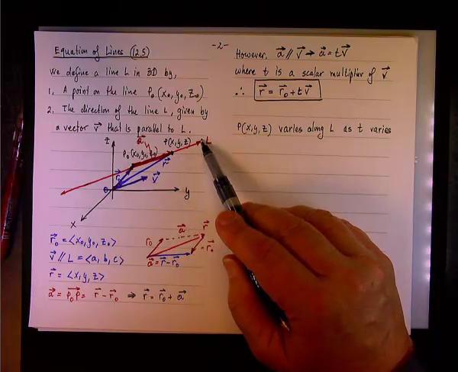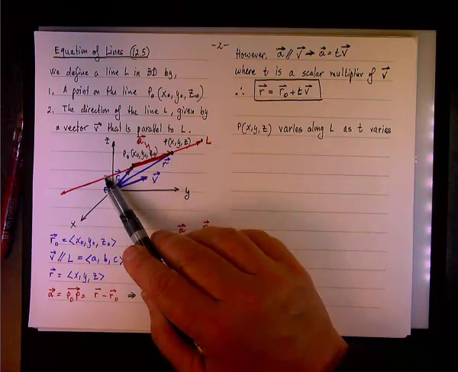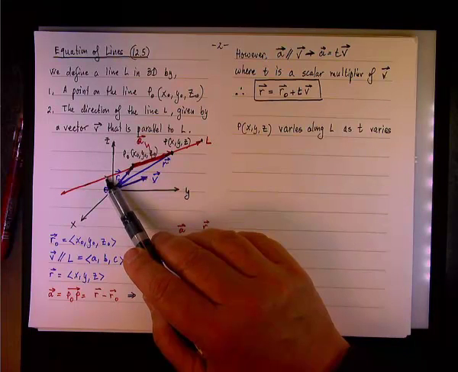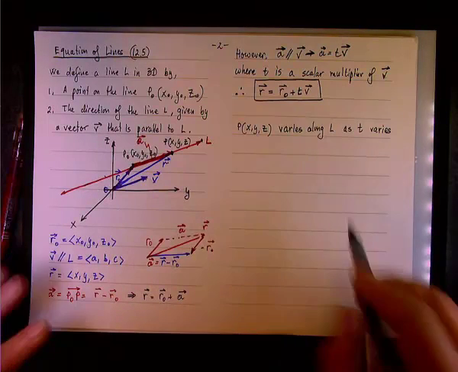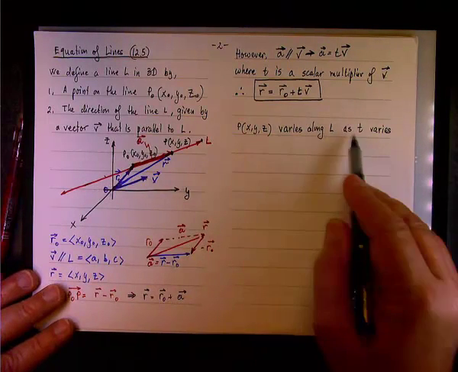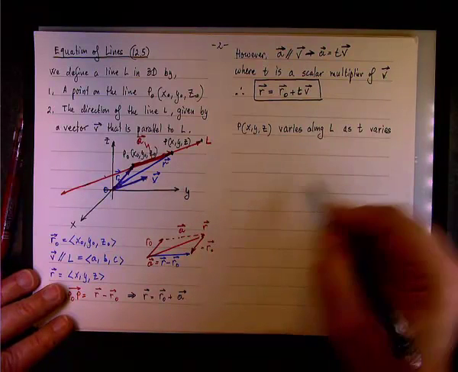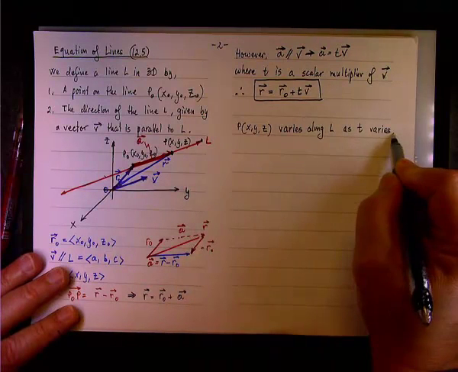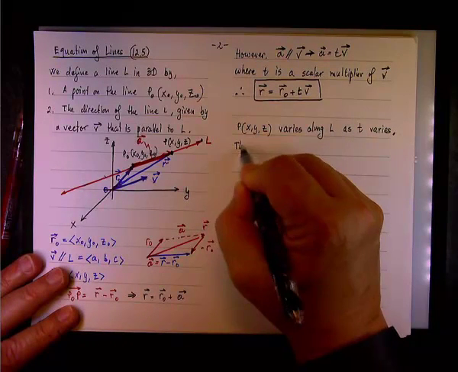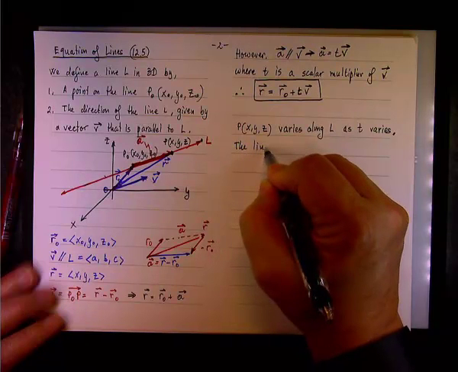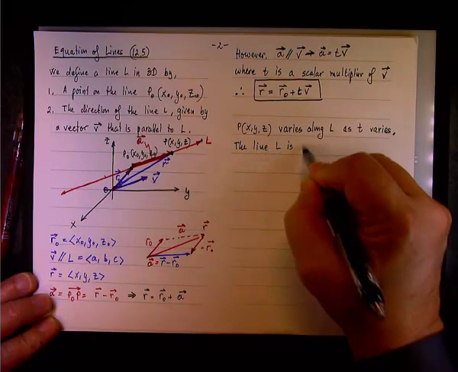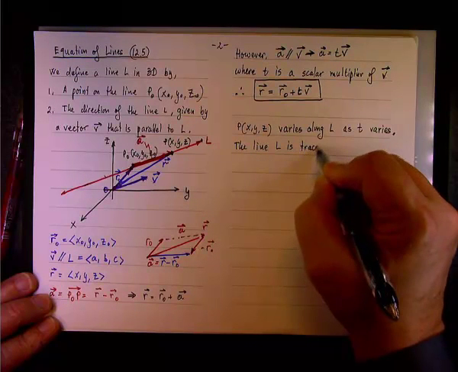Okay, for instance, T equals 1 corresponds to a point here, T equals 2 will correspond to another point further on the line to the right, but a negative T will bring it to the left of the point. Okay, but the point varies along L as T varies.